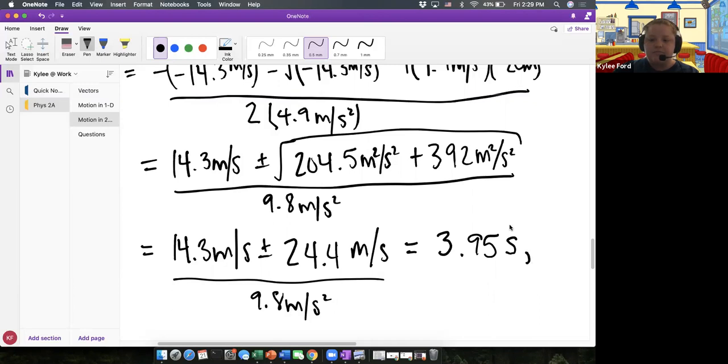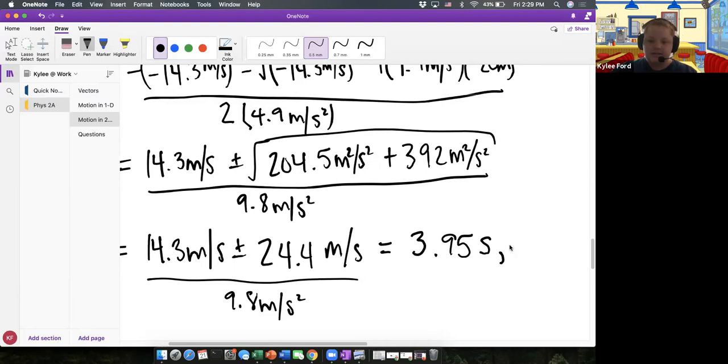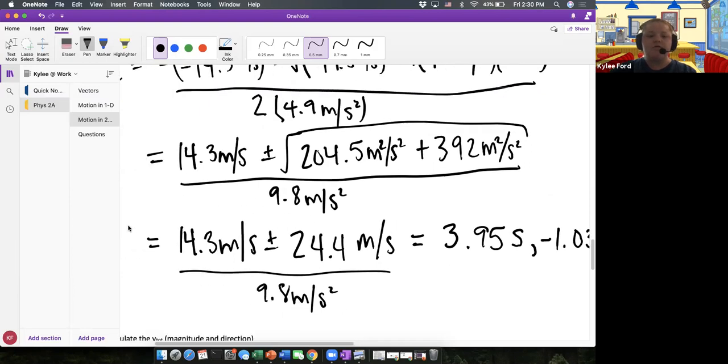Now let me do the other value. 14.3 minus 24.4 divided by 9.8, I get a negative 1.03 seconds. Remember that we're solving for time, and time can't be negative, so this answer is automatically crossed out.